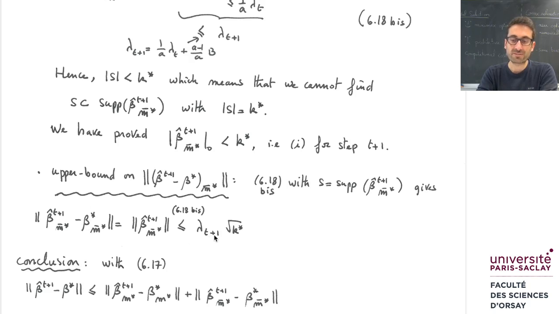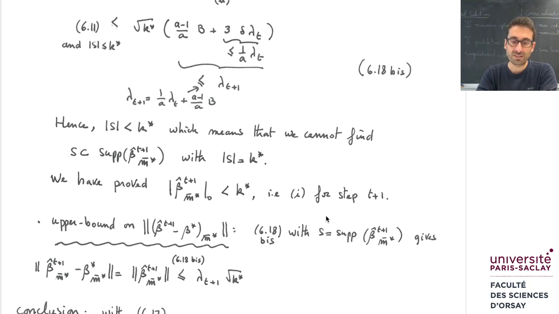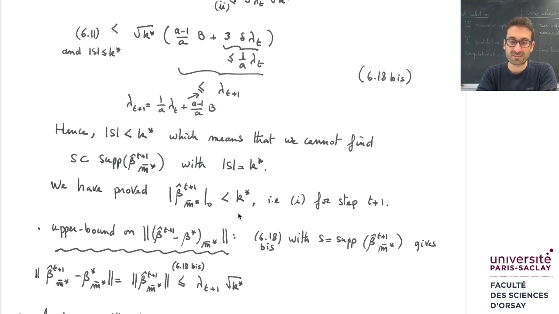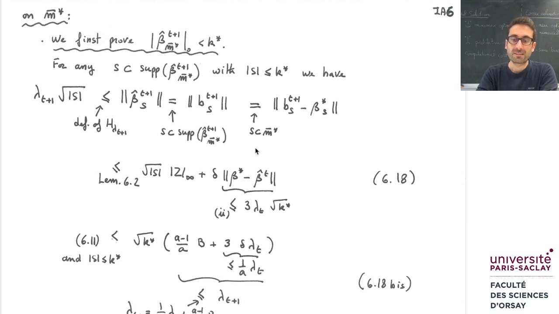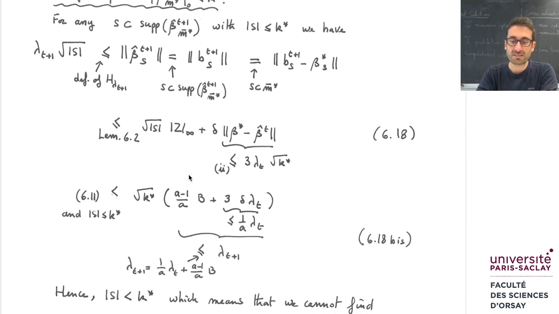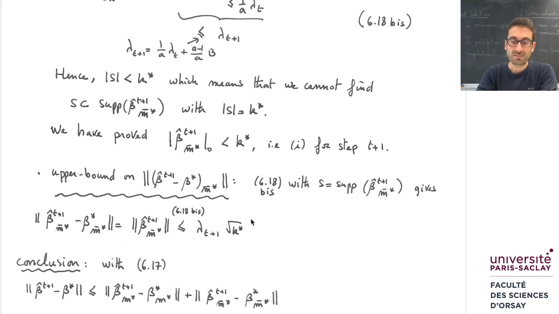And here we have this inequality. If I take S equal to the support of this vector, which has a cardinality smaller than k star, as we have seen before, and apply this inequality, I obtain that the quantity that I'm looking at is smaller than lambda t plus 1 times square root of k star, which is this bound. So here we have proved that outside of the support, the difference is smaller than lambda t plus 1 times square root of k star.